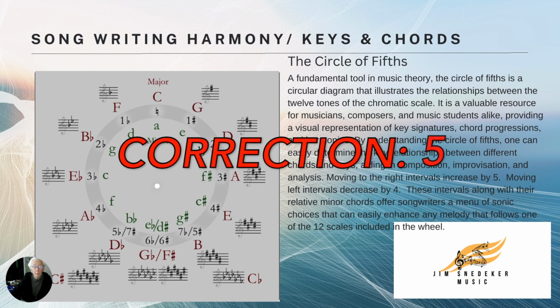We're going backwards now. Circle of fifths, or I'm sorry, C to F is actually five. So we're going down five. If you go F to B flat, that's actually five, another five intervals. That's why they call this the circle of fifths. So we don't decrease by four, we decrease by five.